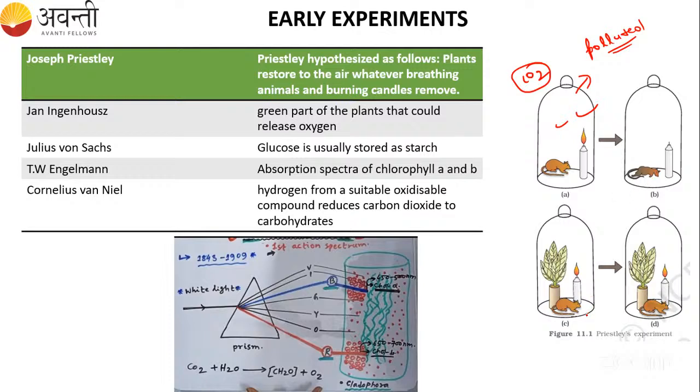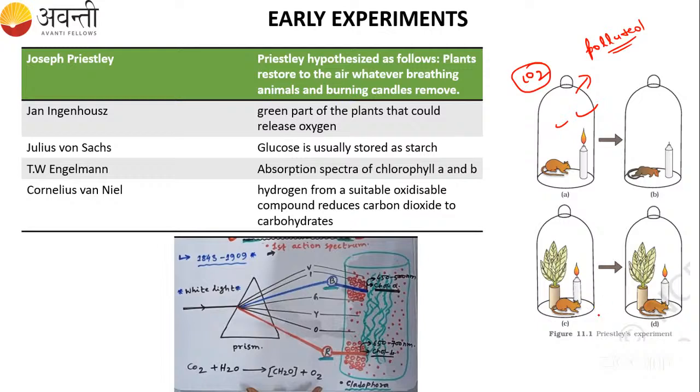Later, Priestley kept a mint plant inside that bell jar, along with the candle and the mouse. After some time, the mouse was still living and the candle was still burning.